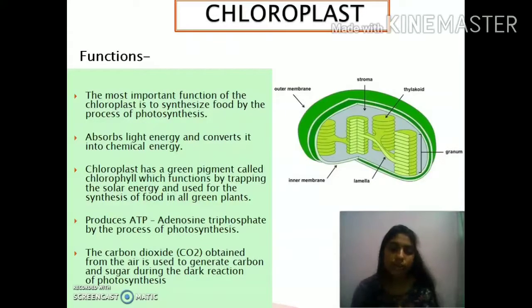So in the dark reaction of photosynthesis, the carbon dioxide is fixed, and it is used to generate carbon and sugar, that is glucose. And where is this function performed? The dark reaction is performed in the stroma of the chloroplast. So it is also an important function of chloroplast. So all of these are very important functions. Please try to keep all of this in mind. Clear?